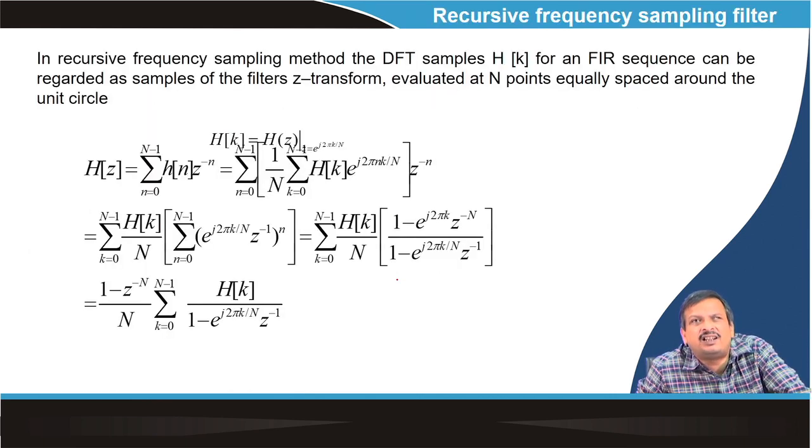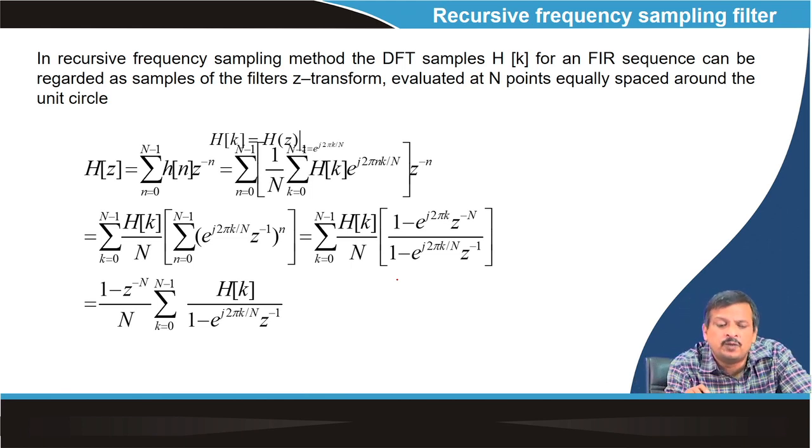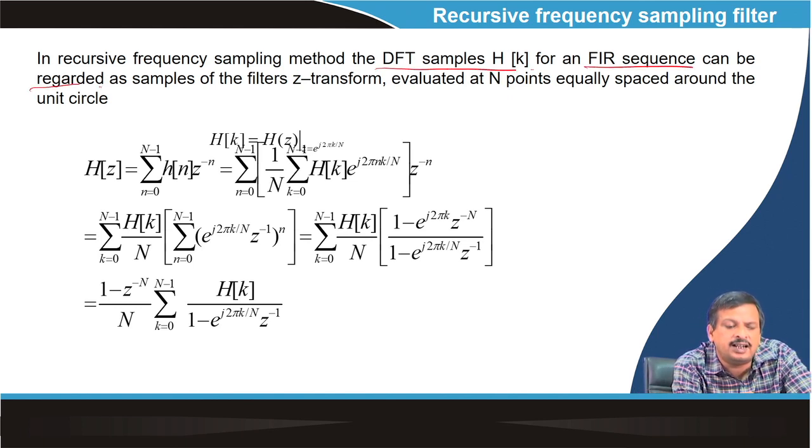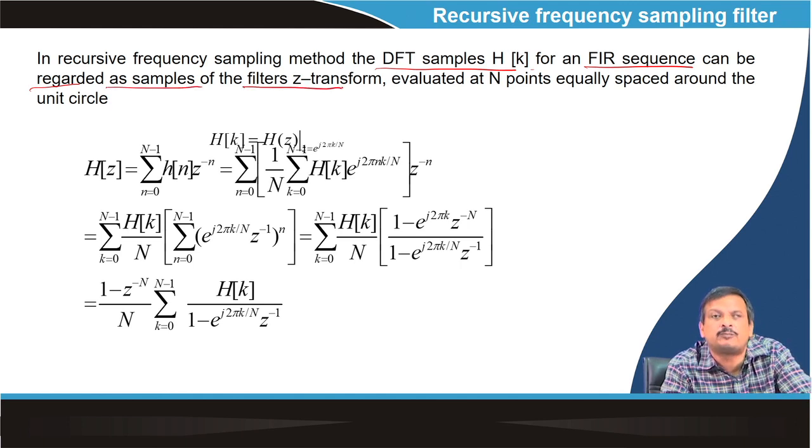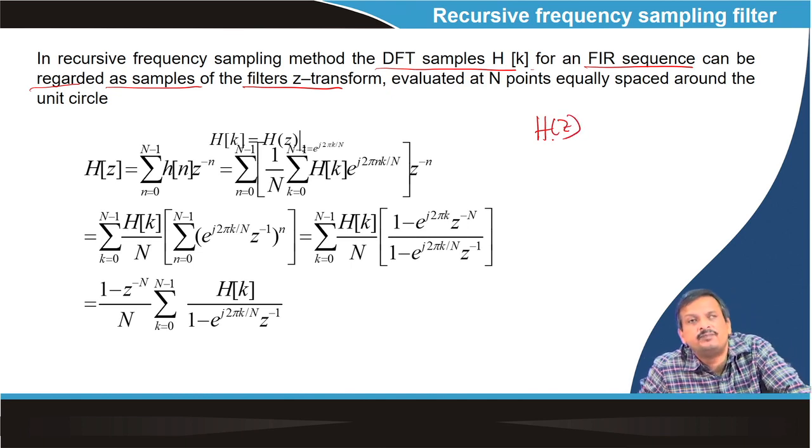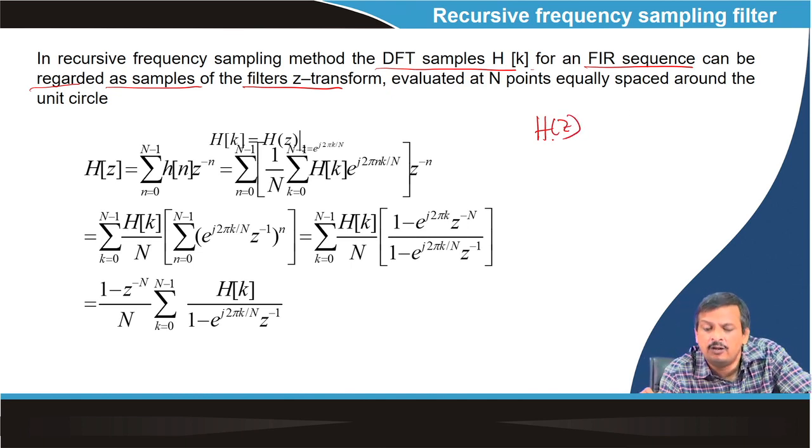Now, if I go for the recursive frequency sampling filter, in these recursive methods, the DFT sample H of k for an FIR sequence can be regarded as a sample of the filter Z transform. So, I have a filter Z transform H of z, or I can say that from a given H of k, I want to find out what the possible H of z should be.